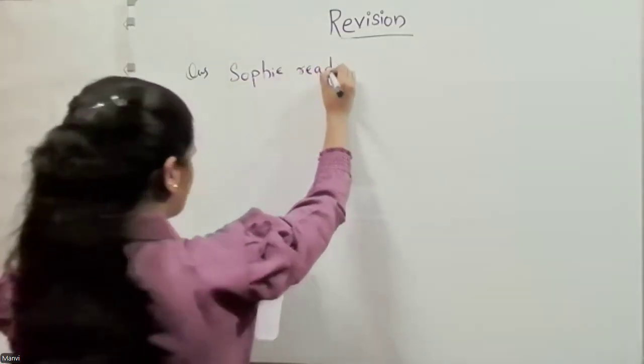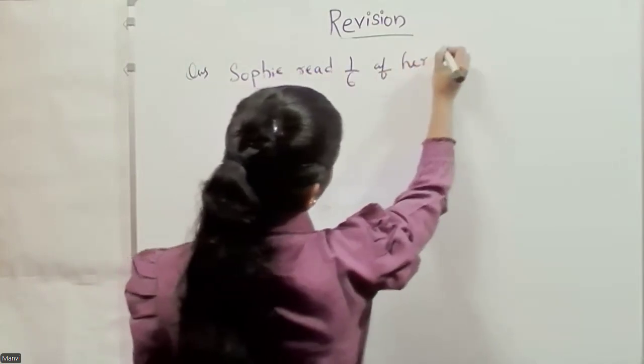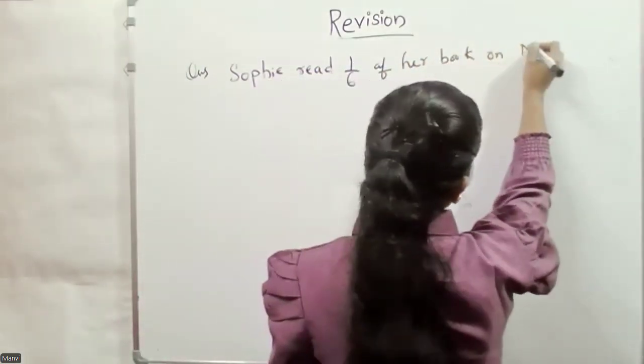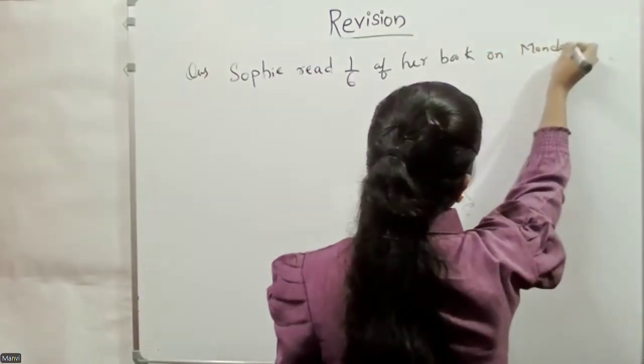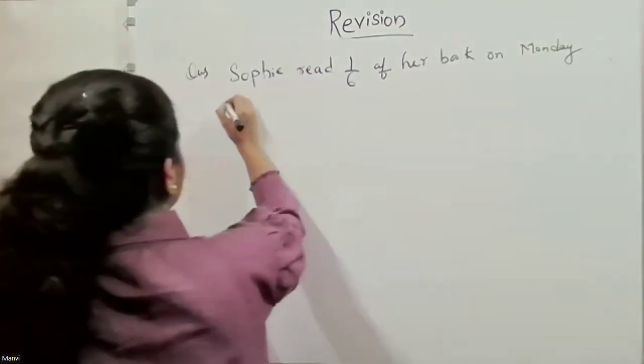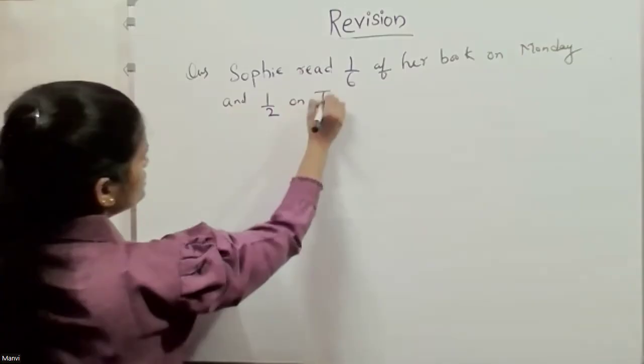Sophia read 1 by 6 of her book on Monday, and 1 by 2 on Tuesday.